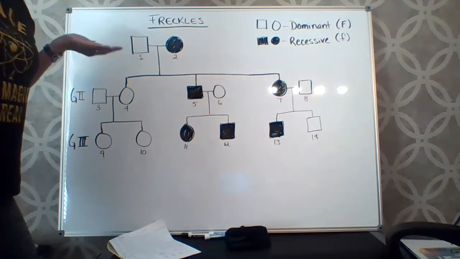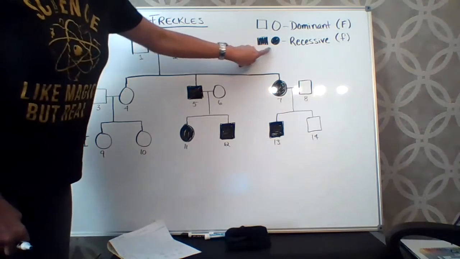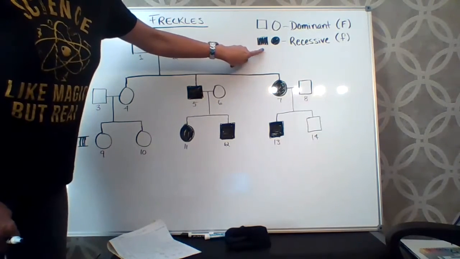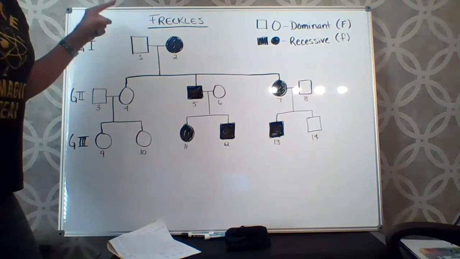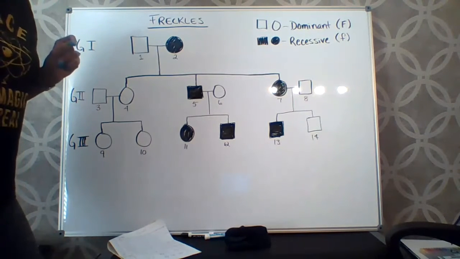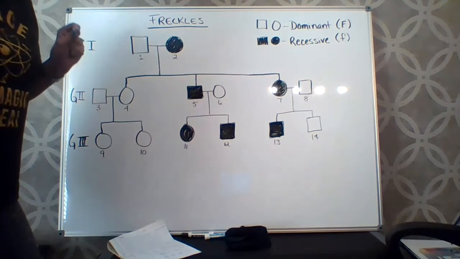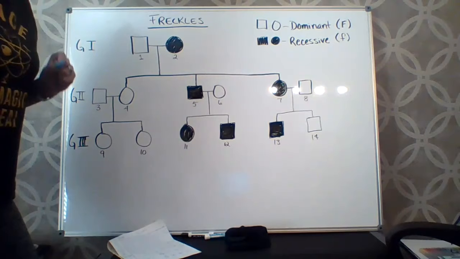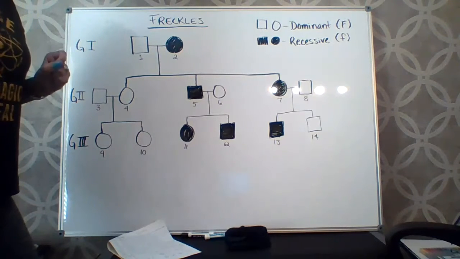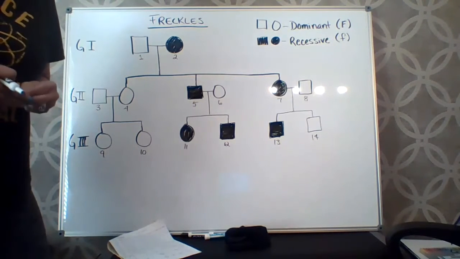So the first and easiest thing to do on a pedigree is we look for those people who are expressing the trait. And we know this because they are shaded in. So every single individual that's represented on this pedigree that is shaded, I know is homozygous recessive, because I couldn't see the trait unless they had the genotype of lowercase f lowercase f, which is homozygous recessive.